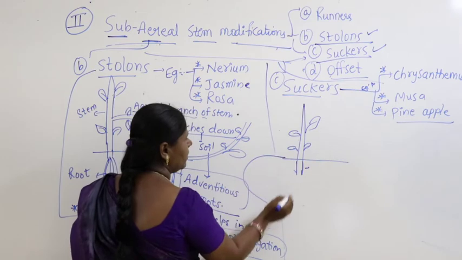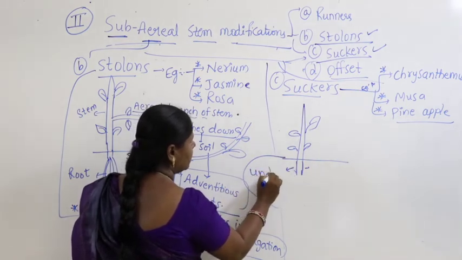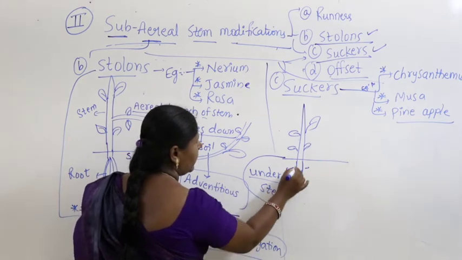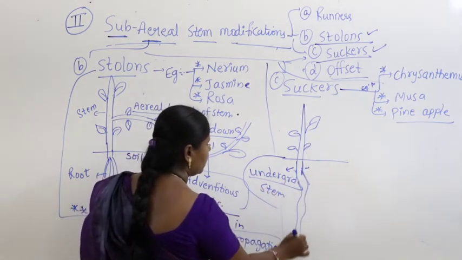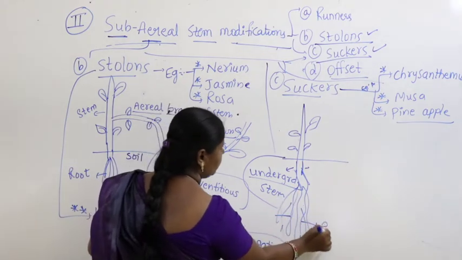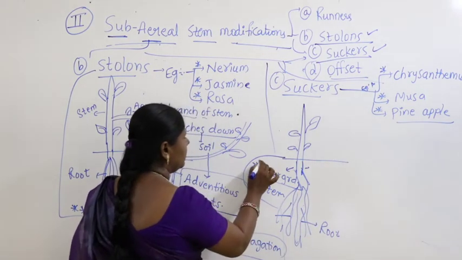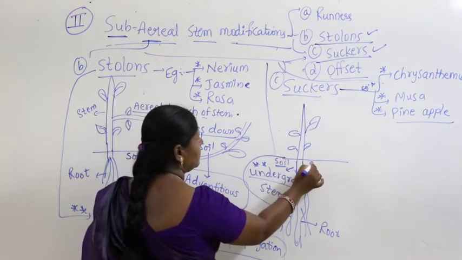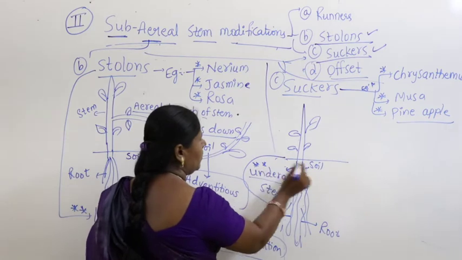This is the underground stem, and the underground stem grows down and forms what is called the root system. This is root, this is root. And this is nothing but soil, right.